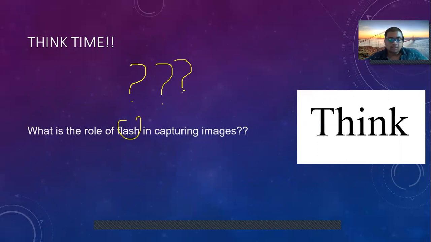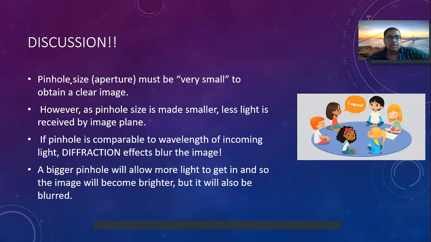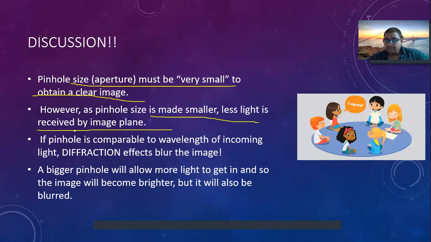Let us see. The pinhole must be very small to obtain a clear image, as we have seen earlier. If the pinhole size is made smaller, then less light will be received at the image plane, isn't it?